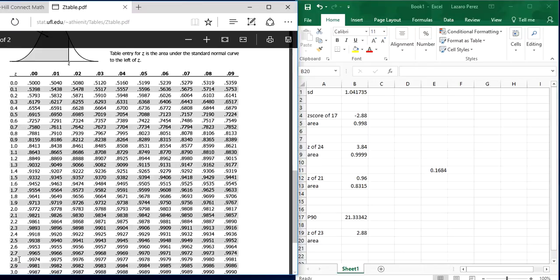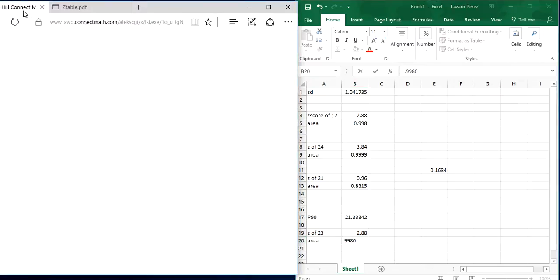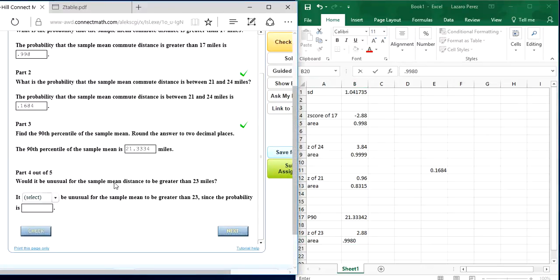So the area for 2.88 is 0.9980. Would it be unusual for the sample mean distance to be greater than that? Since it's greater than, we have to take the complement, so you have to do 1 minus.